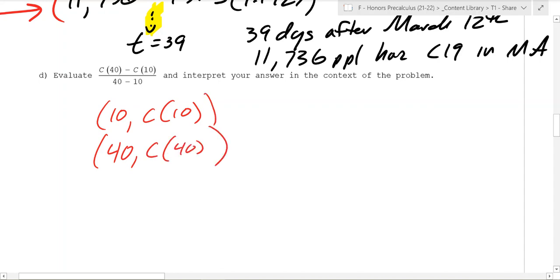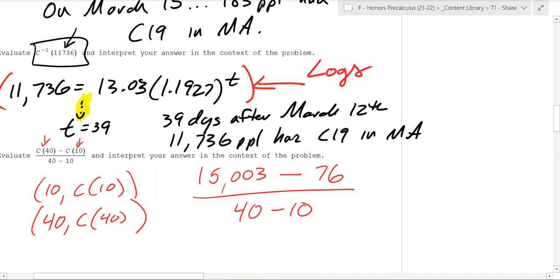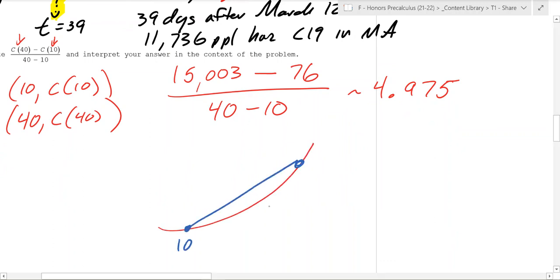So if you evaluate this, you can use your calculator, and you'll end up with a value of C40 and a value for C10. You plug it into the original equation, and when you calculate this slope, you end up with 4.975. In the context of this problem, the graph is going up, and you're calculating the slope between these 2 points, the 10th day after March 12th and the 40th day after March 12th.